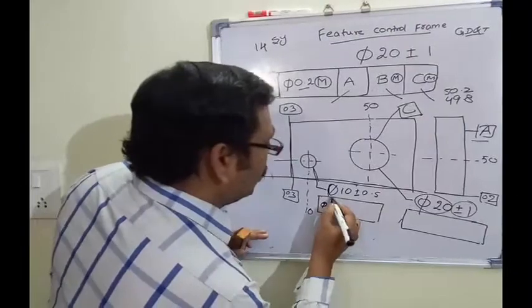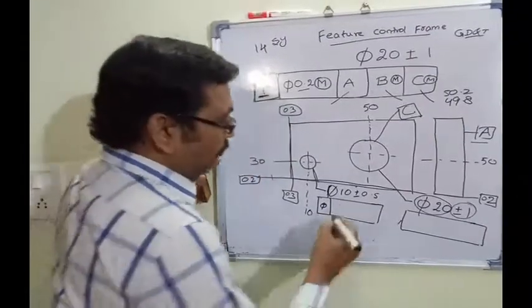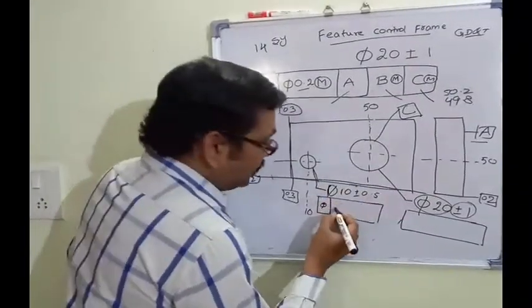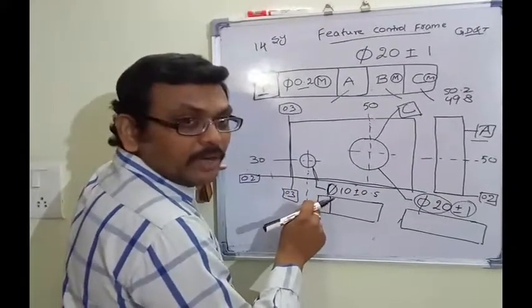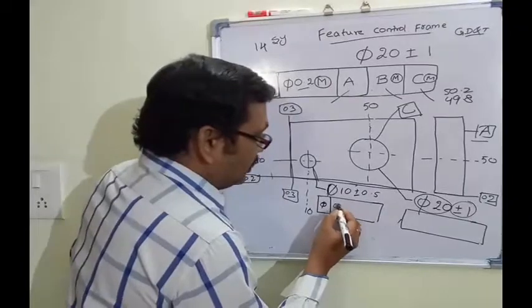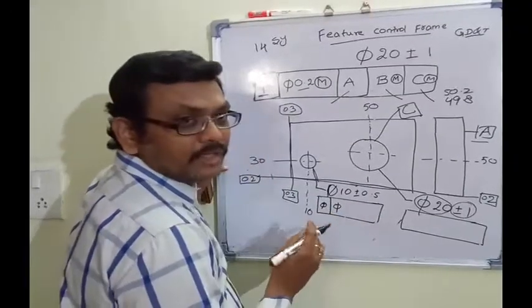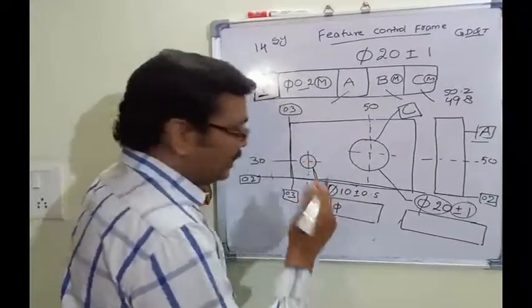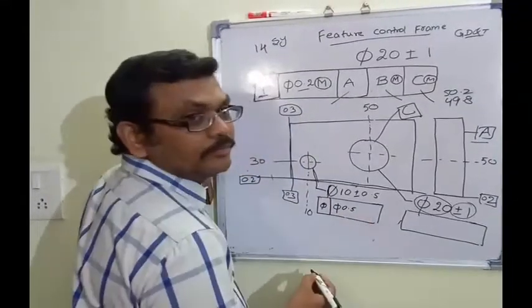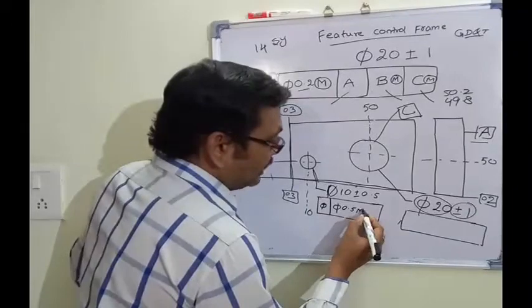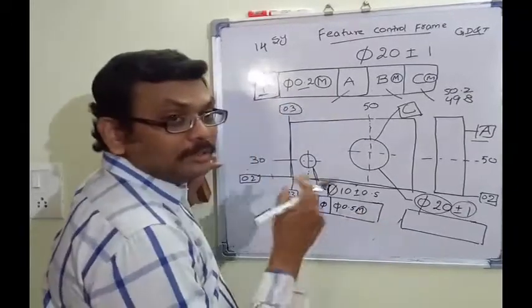Here, since it is a hole, we use position, and since we are positioning the hole, we use a position geometric symbol. Since it is a hole, we use a diameter symbol because it is a circular component. Here, some value, maximum material condition or least material condition.